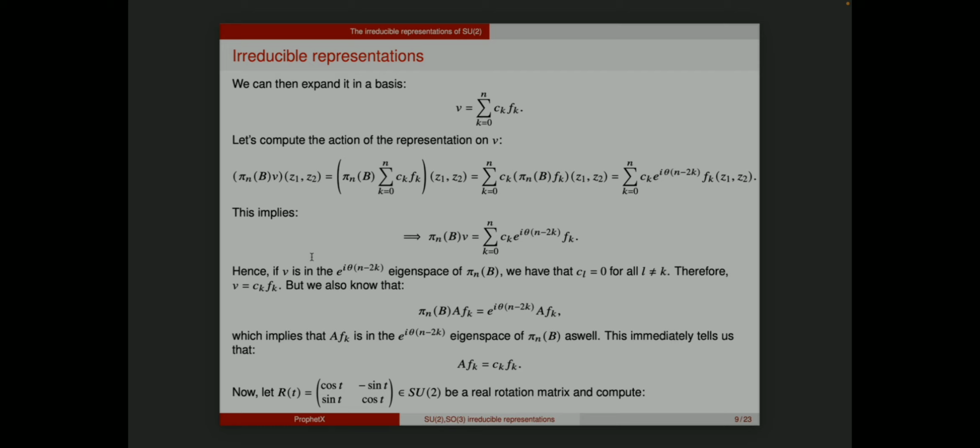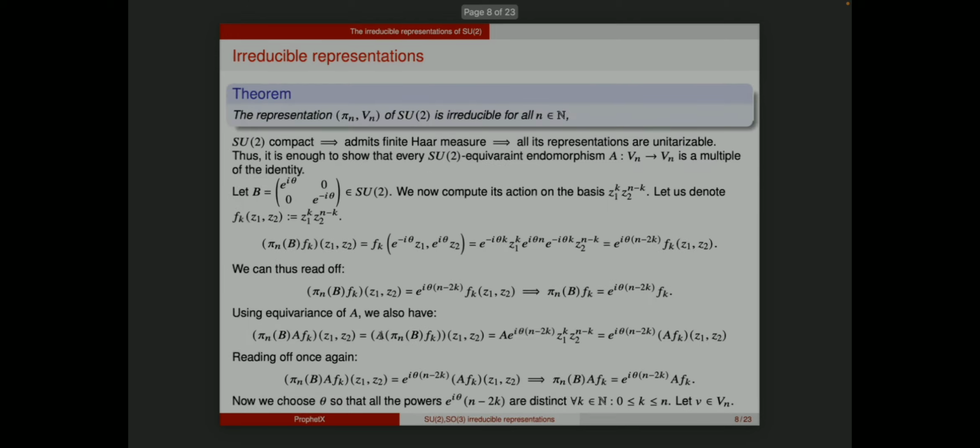So this shows that V is in the e to the I theta n minus 2k eigenspace of the endomorphism pi n of b. And this in particular shows that the coefficient is 0 for all l not equal to k. Therefore, we conclude that V is ck fk, but we also know that what we just derived, from here, right?